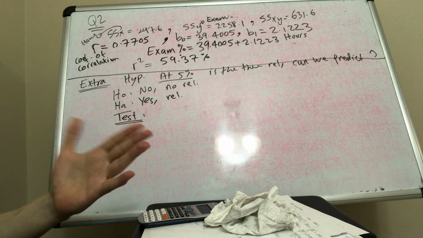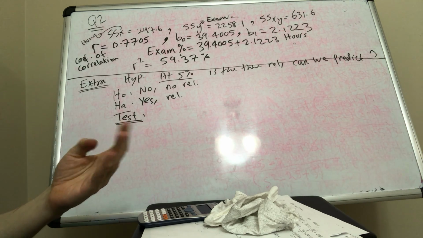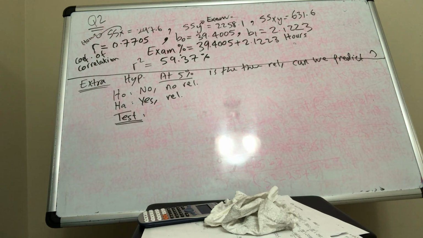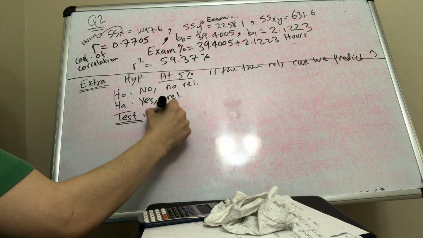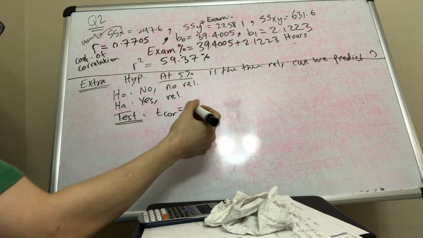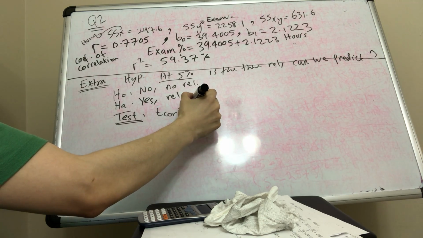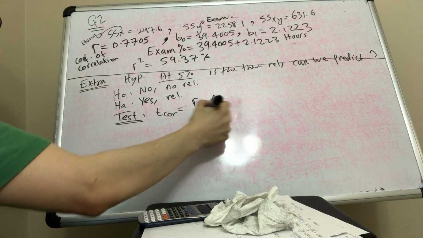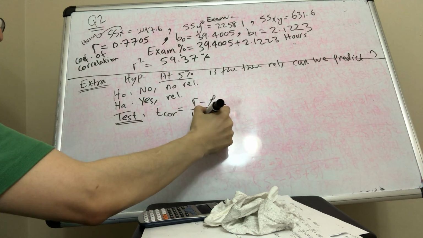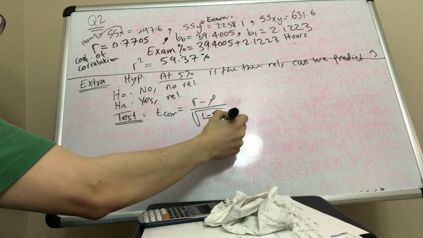Now, if you look at the formula sheet, in the middle column, you see there is a t-score equation, which is r minus this, over n minus 2.